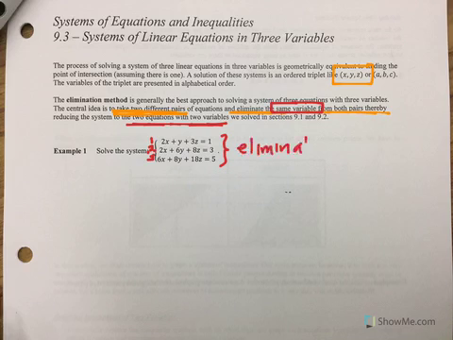So my goal is to eliminate x, okay? And remember, I'm going to eliminate x not once, but twice. The first time, I'm going to take equations 1 and 2, and eliminate x. In order to do this, I'm going to take the first equation and multiply it by -1.